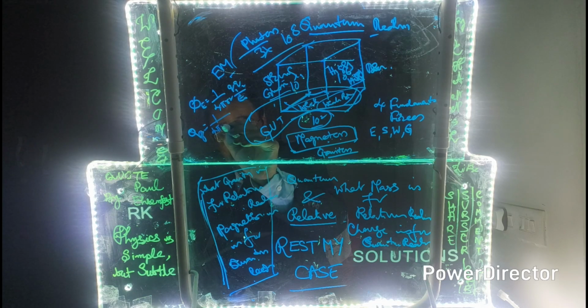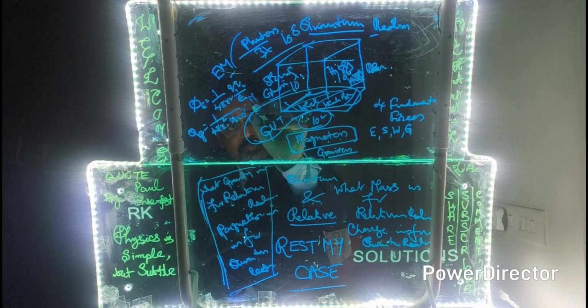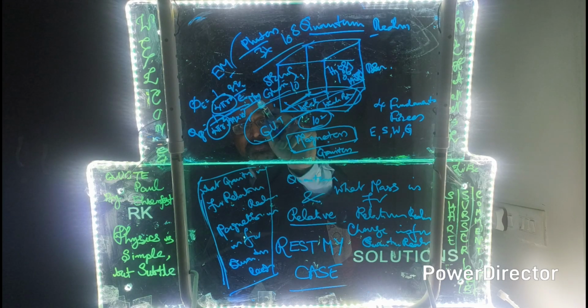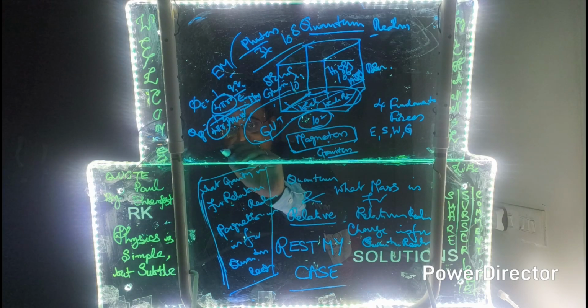For gravity also I derived a similar equation: 4 pi R squared is Q1 Q2 by epsilon naught, and this is m1 m2 by 190 into 10 raised to 7. So that's why they are very similar, aren't they?